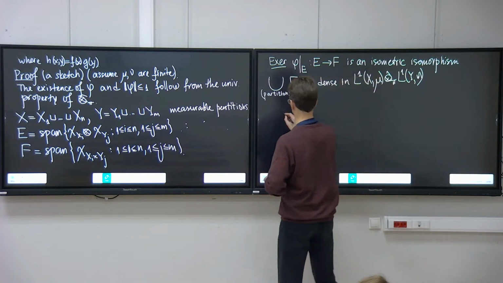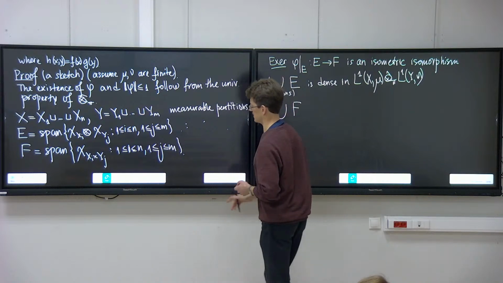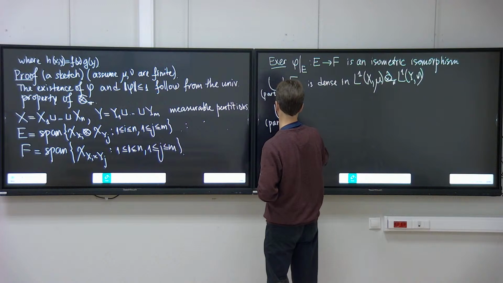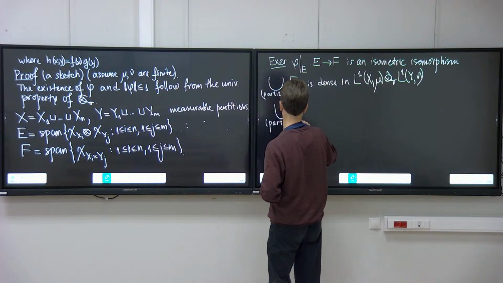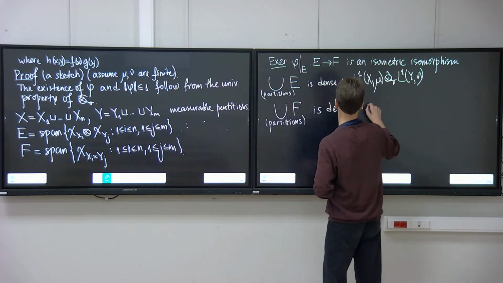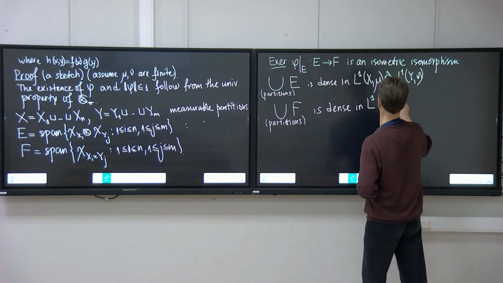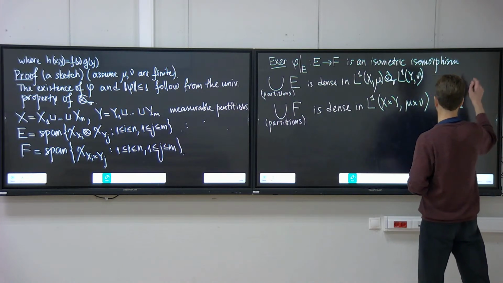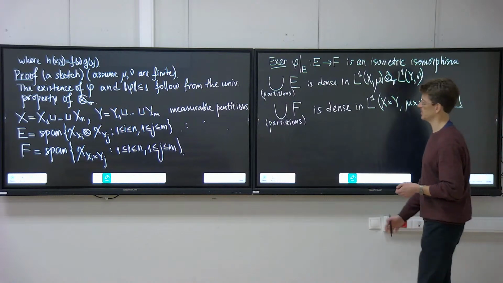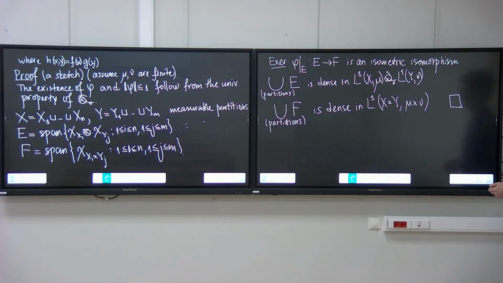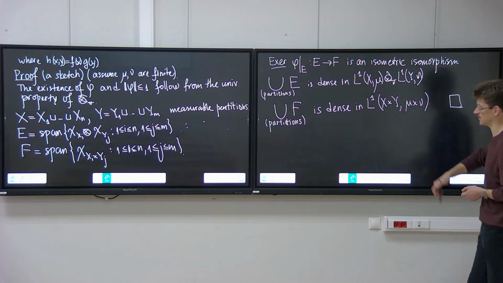And similarly, if we take the same for the spaces F, so each F is indexed by a suitable partition, and take the union over all partitions, what we get is something which is dense in L1 on the product. And essentially this completes the proof. As a result we get an isometric isomorphism between dense subspaces, and it uniquely extends to an isometric isomorphism between the whole spaces.